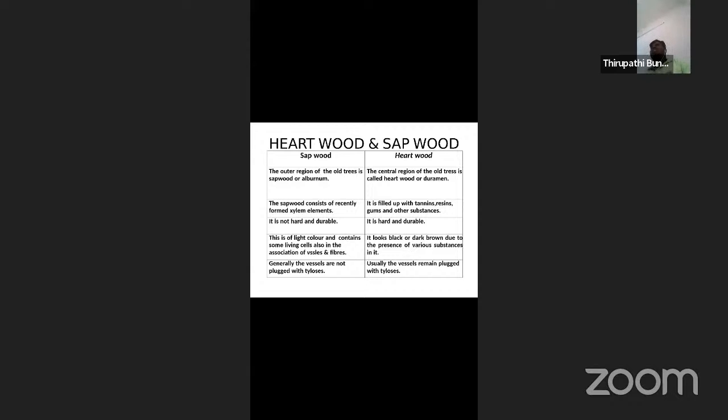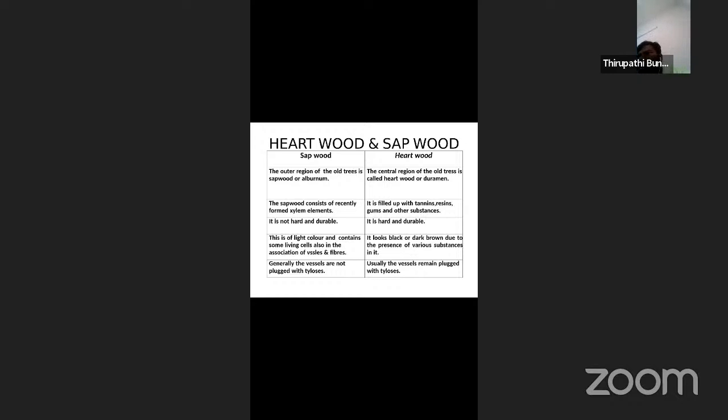Next, sapwood consists of recently formed xylem elements. But heartwood is filled with tannins, resins, gums. Sapwood does not show resins and different secretions. Only heartwood shows them.